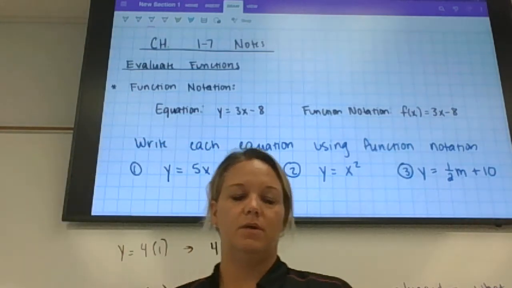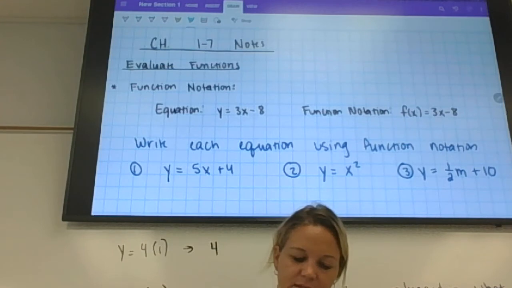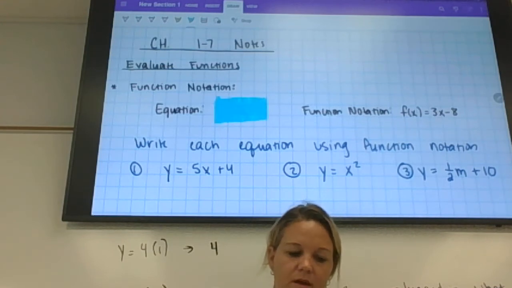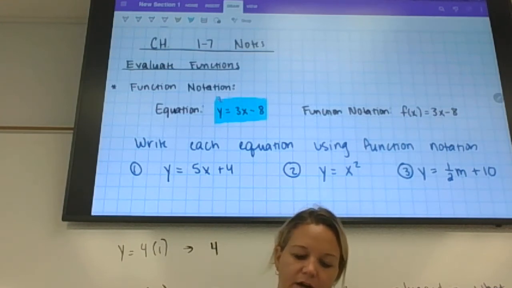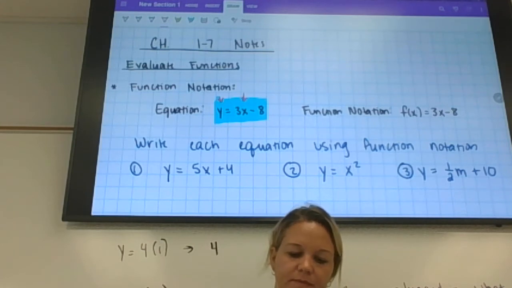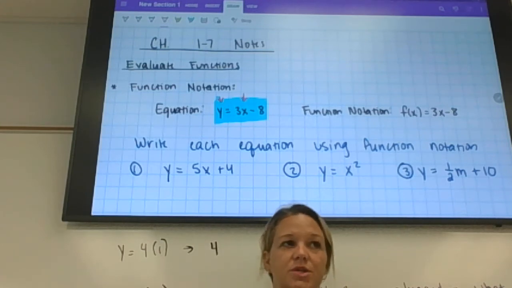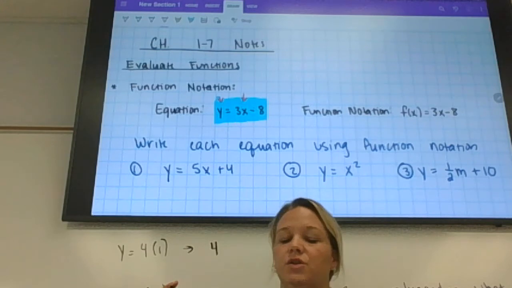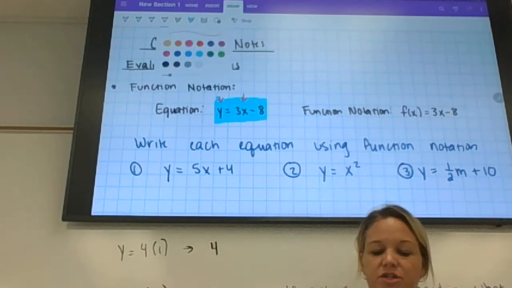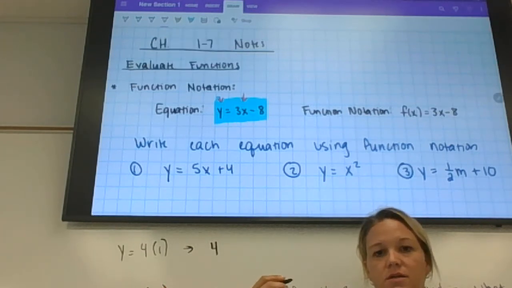Alright, so you've worked with equations. This is an equation. I see y here and I see x here. So if an equation is a function, you can use function notation to say that.